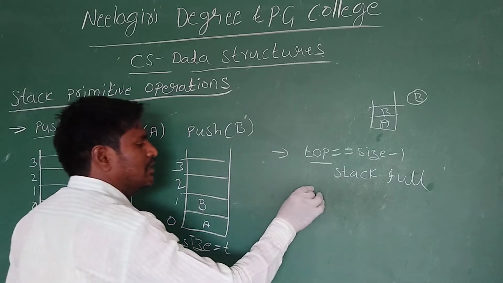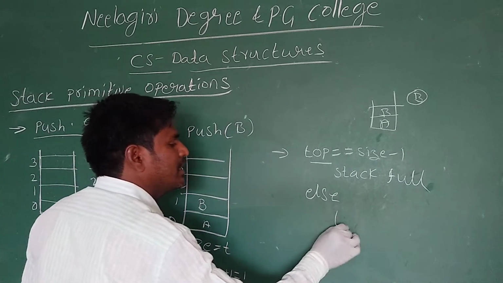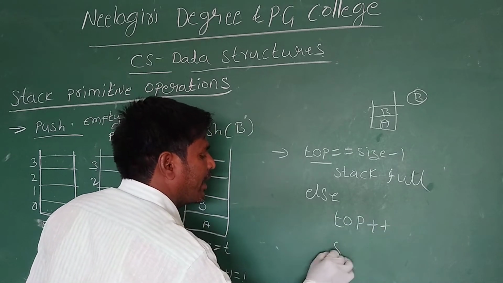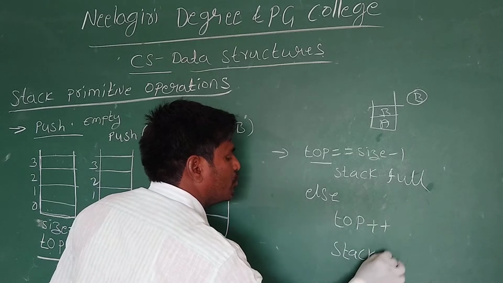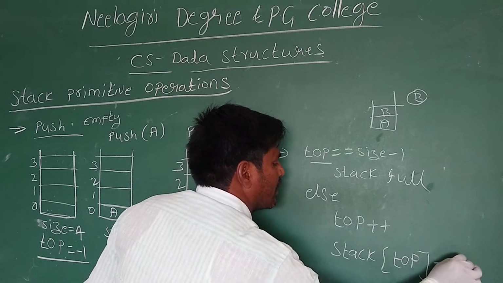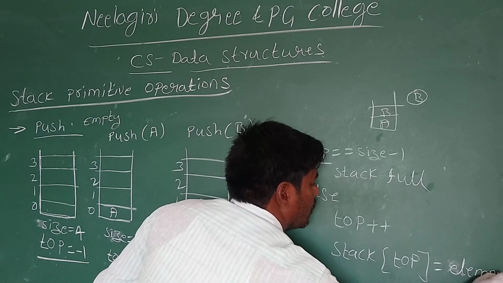If it is false, we have to increment the top value and assign the element at the top position. So this is the push operation.